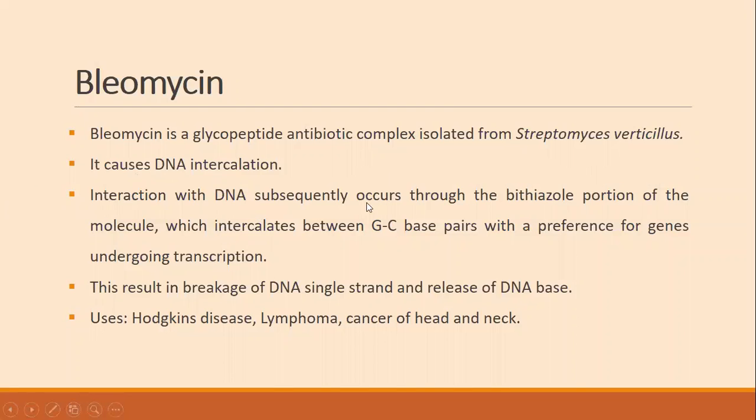Interaction with DNA occurs through the bithiazole portion of the molecule, which intercalates between guanine G and cytosine C base pairs, with a preference for genes undergoing transcription. This results in breakage of the DNA single strand and release of DNA bases.